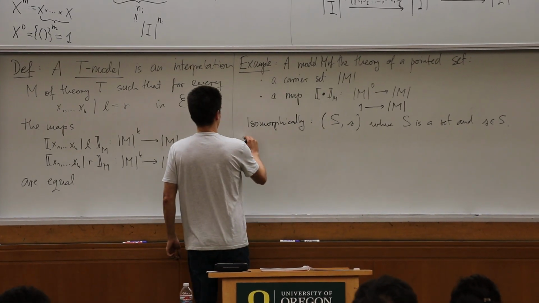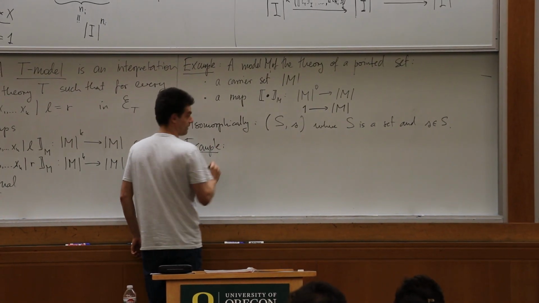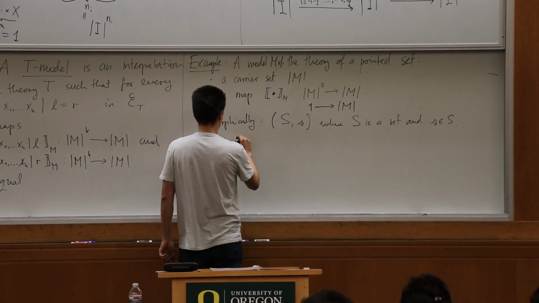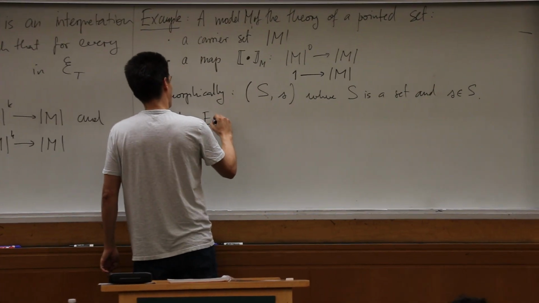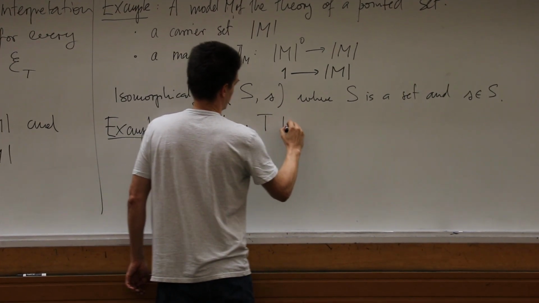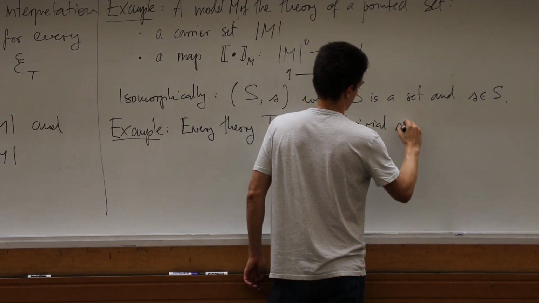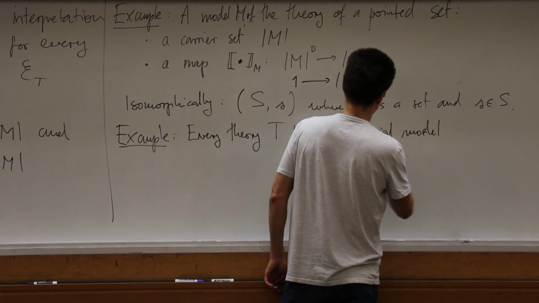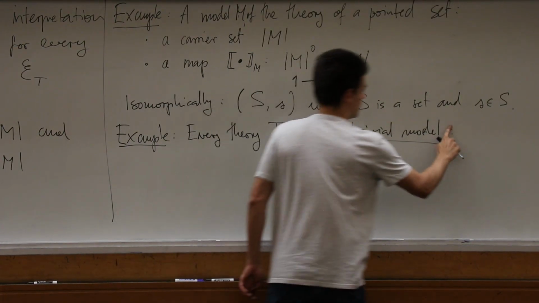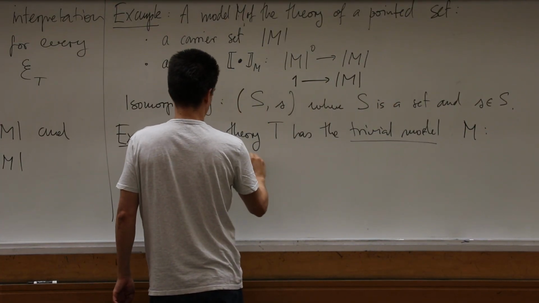You will not believe me, but I did not actually pay Dan anything to ask the question, because my next example is: every theory T has the trivial model, where the carrier set is 1.